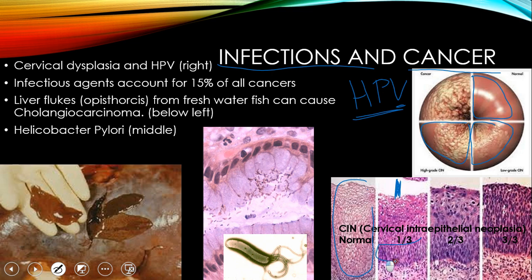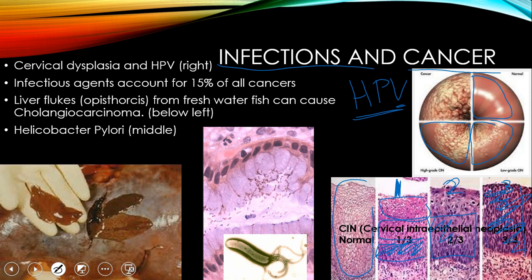So here's about 1/3. If you break this thing up into thirds, there's 1/3 down at the bottom. This part is neoplastic. This guy now is 2/3 of the way neoplastic, so that'd be a second degree. And then a third degree, as shown here, would be the whole thing. The whole thing is messed up.